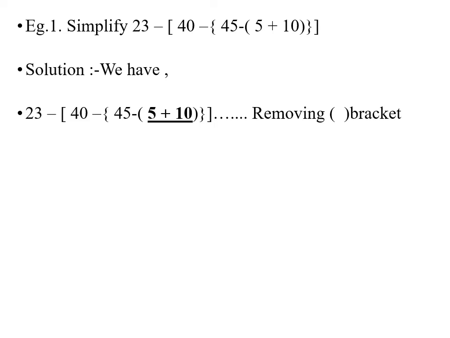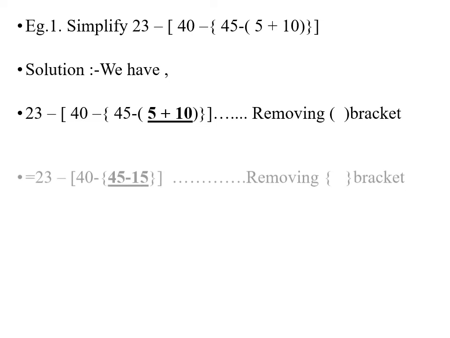Whatever the operations are, if brackets are there we have to follow the sequence of the brackets. So first we will remove the round bracket. In the next step, instead of 5 plus 10, we will write 15.